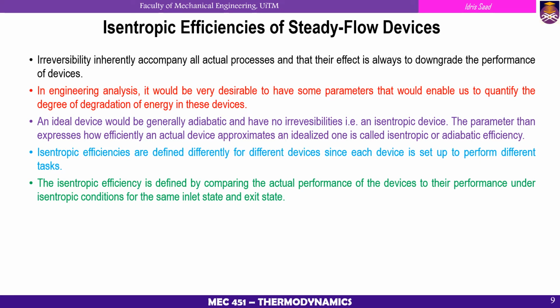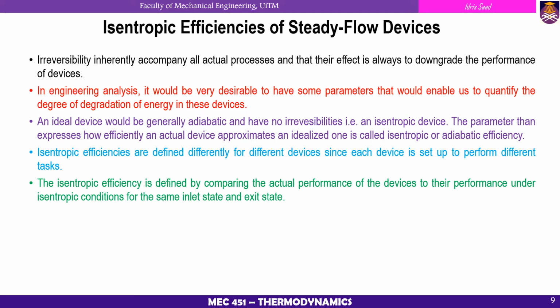In general, the isentropic efficiency is defined by comparing the actual performance of the device to its performance under the isentropic condition for the same inlet and exit state. In other words, the performance of the actual compared to the performance of the ideal one.